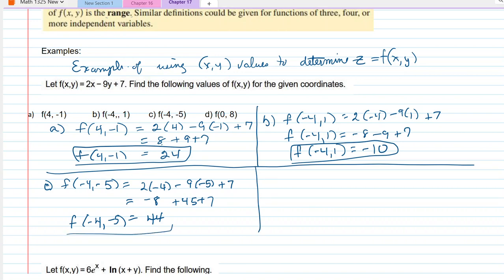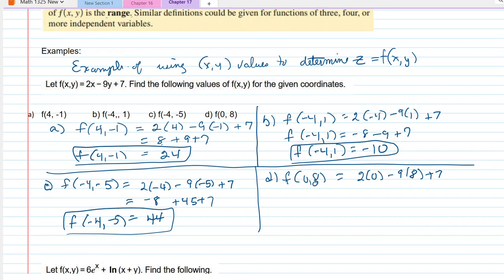All right. So now we're doing our last one of this one. And again, we're getting used to substituting our values for z in terms of f of x, y. And in this case, I have a 0. So I have 2 times 0 minus 9 times an 8 plus the 7.